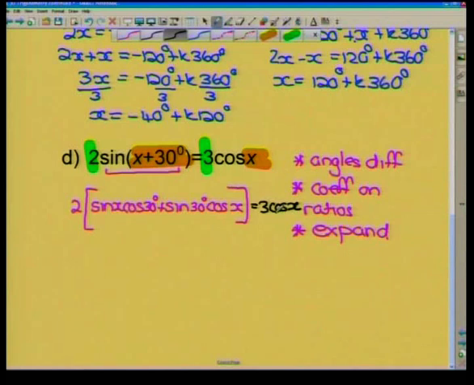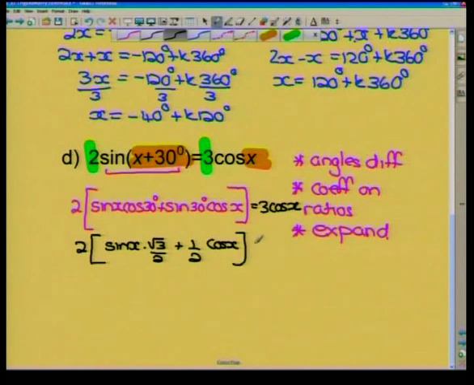Nothing to do there. Now, I can see over here I've got special angles. And I know that the cos of 30 is root 3 over 2, and I know the sine of 30 is a half, whether I use my calculator or my drawing. So it's 2. This is going to become sine x times root 3 over 2 plus a half the cos of x equals 3 cos x.